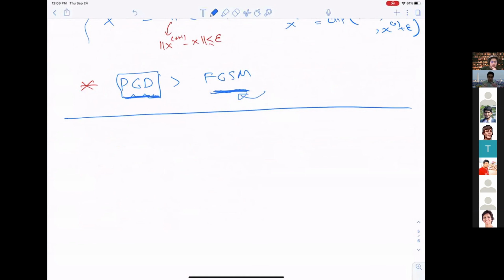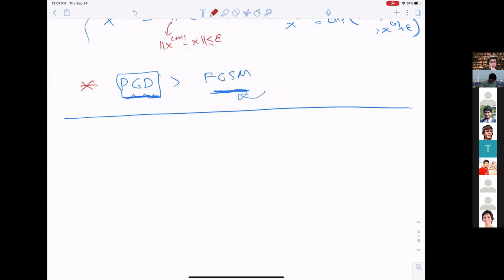But we can also think about this problem from a related but alternative point of view, that we want to find the closest adversarial example to my input. So I don't know what the budget is. Maybe for some inputs, the attack budget we need is going to be larger compared to some other inputs.